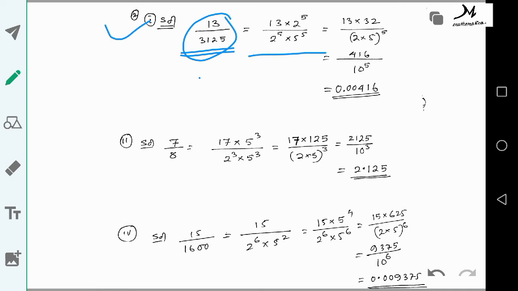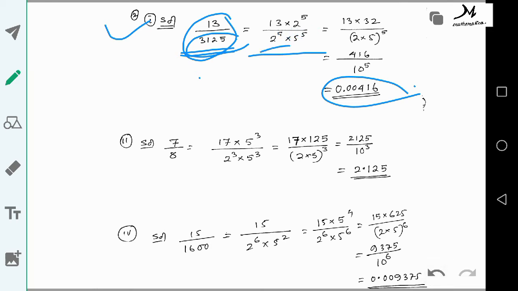Then 2 to the power 5 is multiplied with both the numerator and denominator. In order to express in this form, we have to first express this denominator in this form, and we have to make sure that their powers on both 2 and 5 are equal.